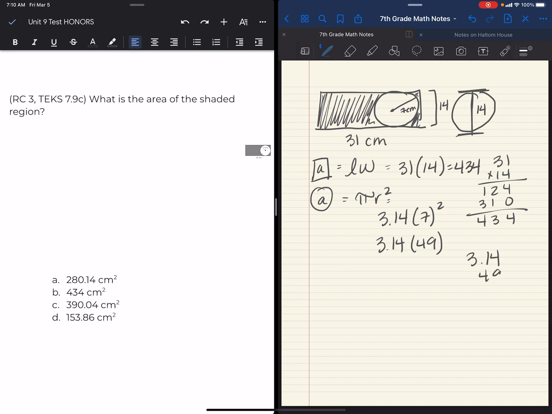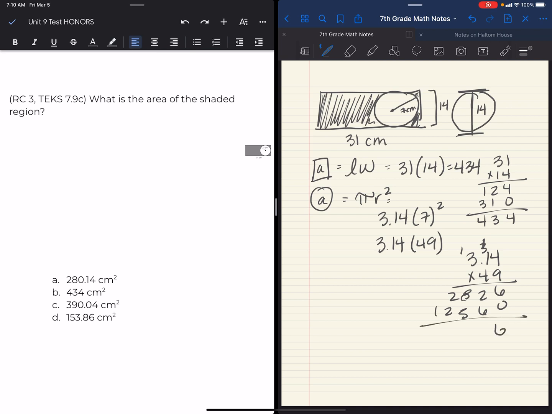3.14 times 49. 4 times 9 is 36. 1 times 9 is 9, plus 3 is 12. 3 times 9 is 27, plus 1 is 28. I feel like we do 3.14 times 9 a lot, so 28.26. Anyway, 0 placeholder. 4 times 4 is 16, carry the 1. 3 times 4 is 12.